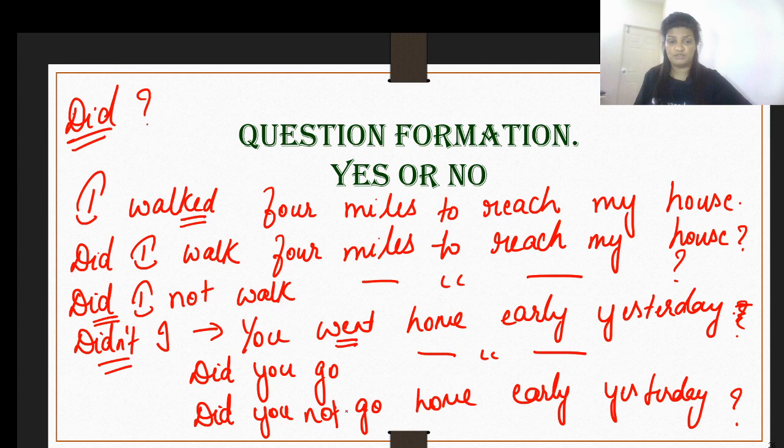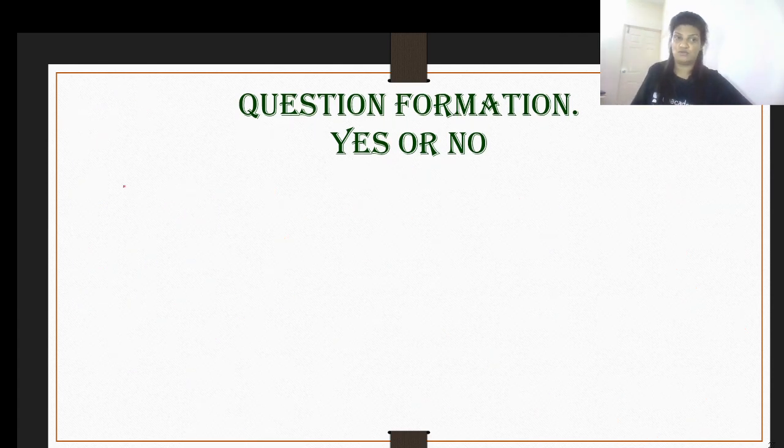Did you not go home early yesterday? Or you can contract it by using it as didn't you go home early yesterday? And a question mark. Now that is how you convert with I and you.